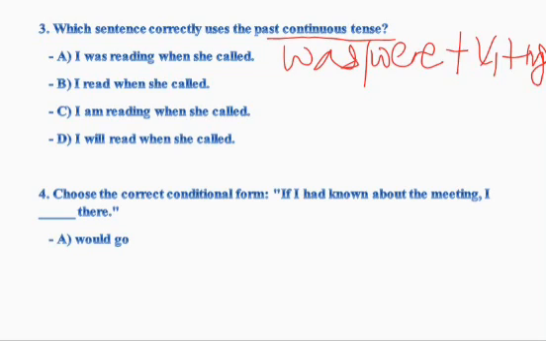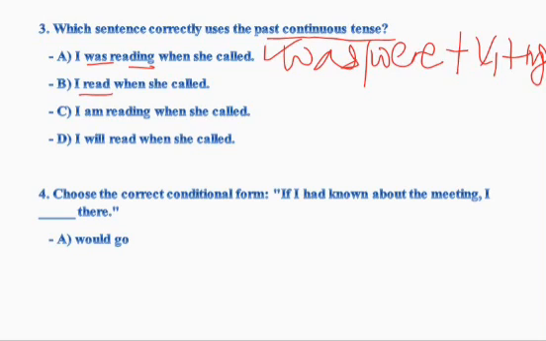A, I was reading when she called. When she called. This is okay, right? B, I read when she called. This is simple present tense.